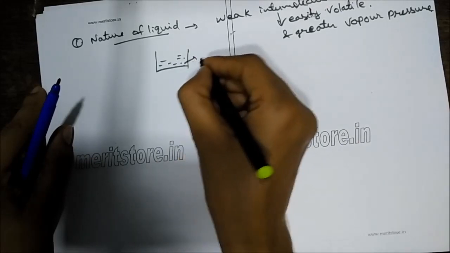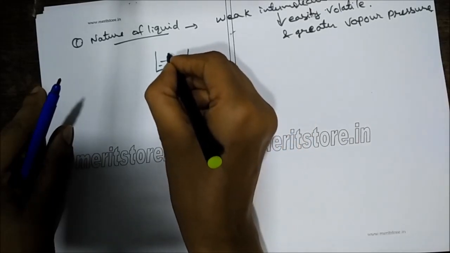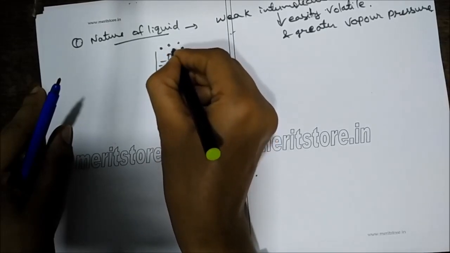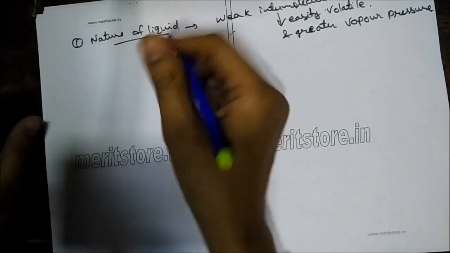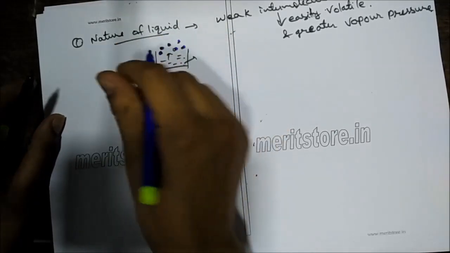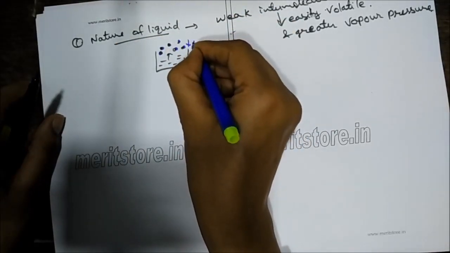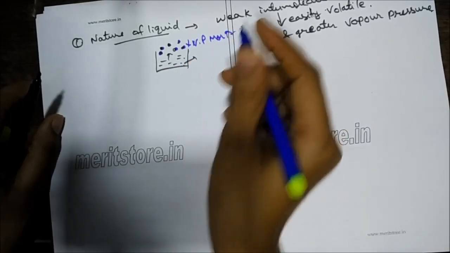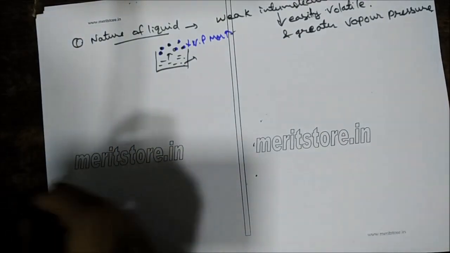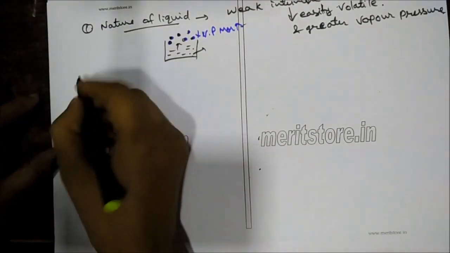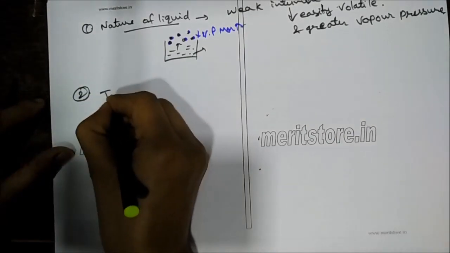If a liquid has weak intermolecular forces, it will tend to go into its gaseous state, and if it goes into the gaseous state, then it will have more vapor pressure. So the vapor pressure depends upon the nature of the liquid. The second factor is temperature.